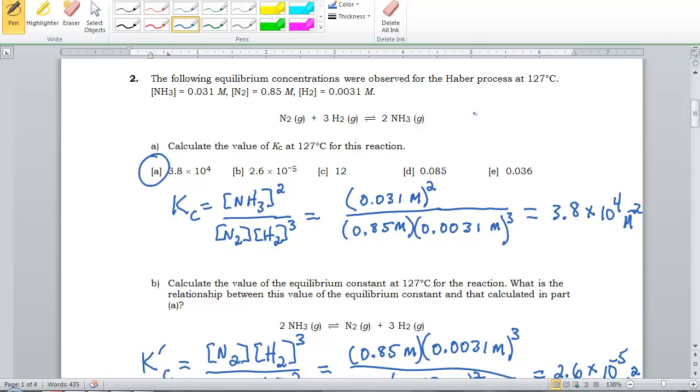And as we saw, pressure is MRT. We could plug in and get the pressures of each of these gases at equilibrium and solve for Kp that way. Once we had each pressure, we'd plug into the Kp expression. That would certainly be one way to do this problem. It would be a little bit longer because I'd have to get the pressure of ammonia, the pressure of nitrogen, the pressure of hydrogen, and then solve for Kp.